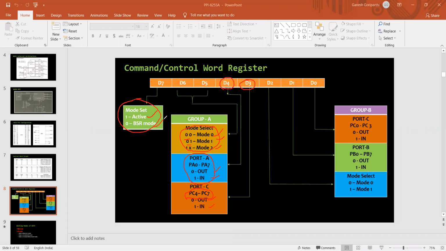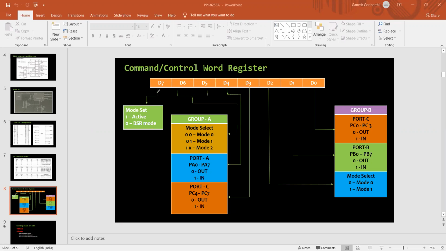So from this control word or command word, I'm concluding this, just listen to me carefully.